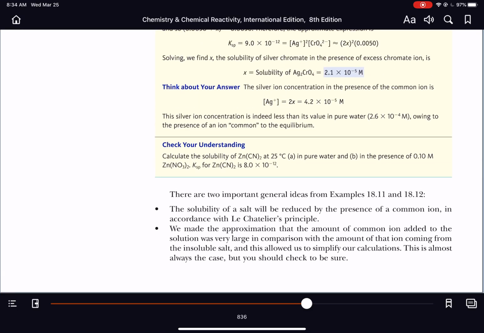And of course, notice that the solubility of a salt will be reduced by the presence of a common ion, and we're using Le Chatelier's principle.